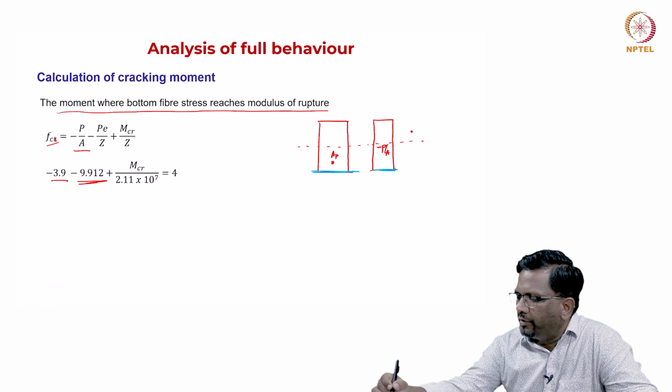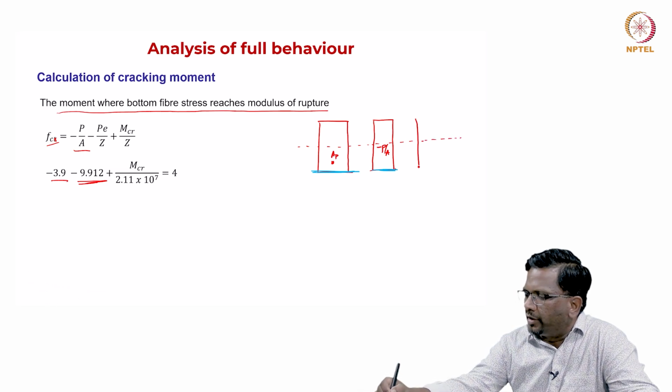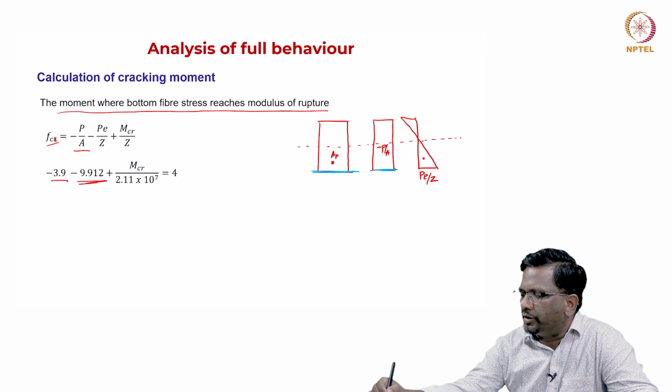And then we have the prestressing component that is actually going to create negative and positive like this, which is P into E divided by Z, let us say section modulus. This is going to be negative, and this is going to be positive. And next, I am going to have an external moment that is going to create tension here and compression.